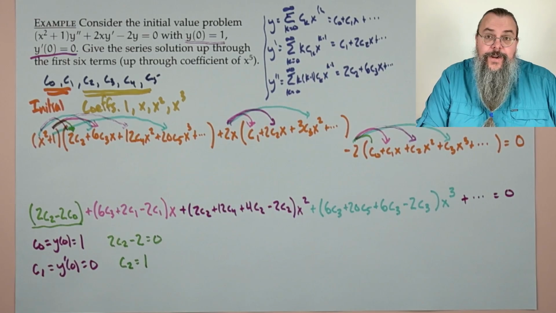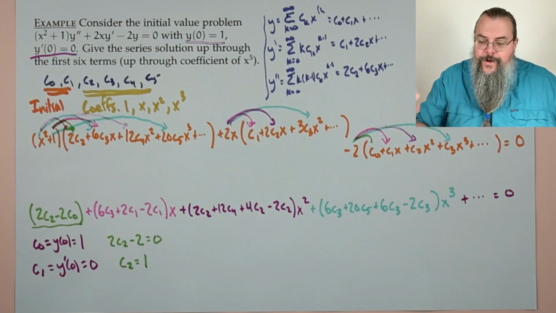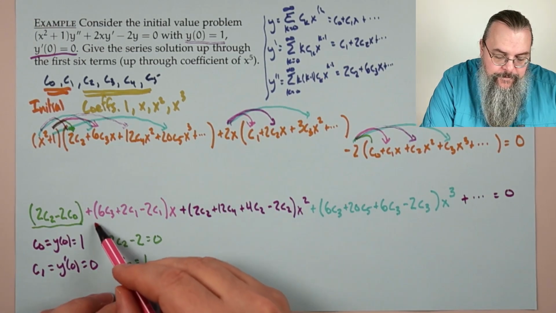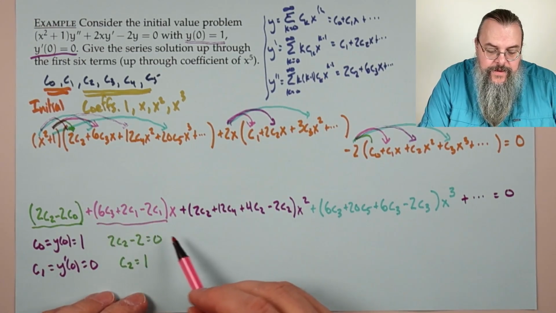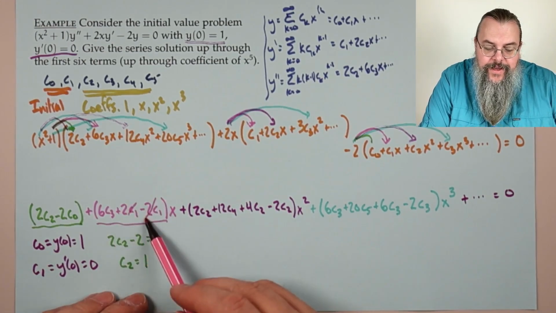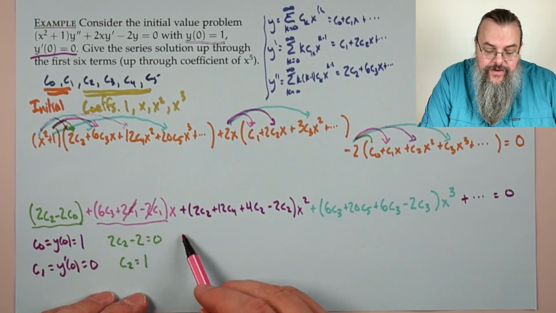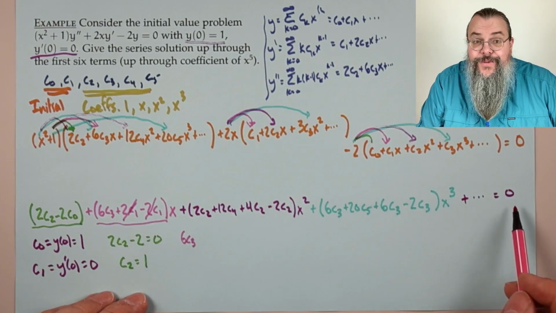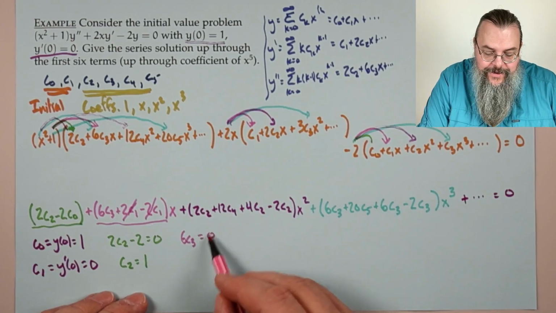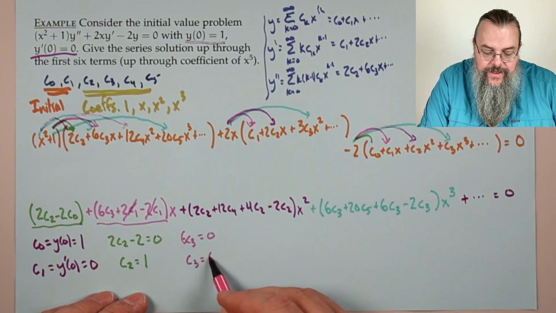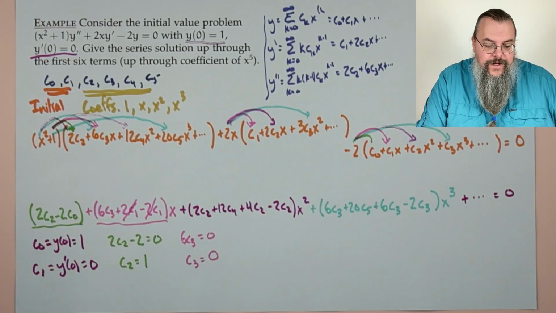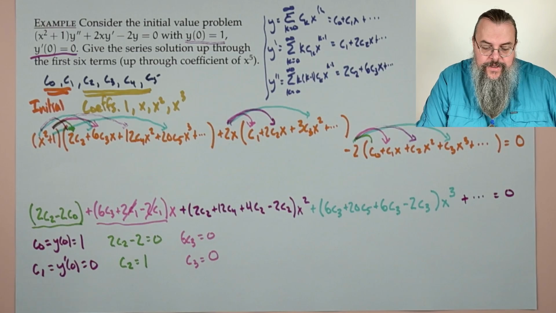All right, great. Now, for our next one. What do we have? Well, notice the C1s cancel. So we get 6C3 has to equal 0. Well, okay, so C3 equals 0. Great. And how about that next one?